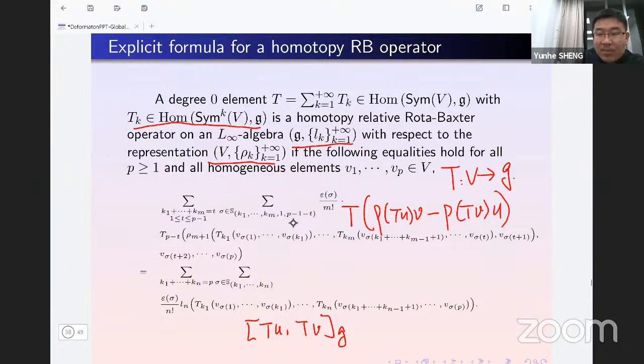So this is the definition of a relative Rota-Baxter operator. Here, because there are different L_n and different T_k, the formula becomes complicated. And at the left-hand side, because in the representations there are different rho, the formulas look like this.